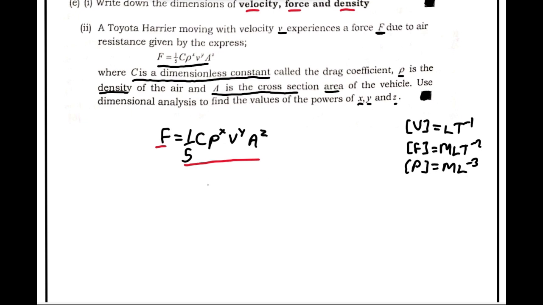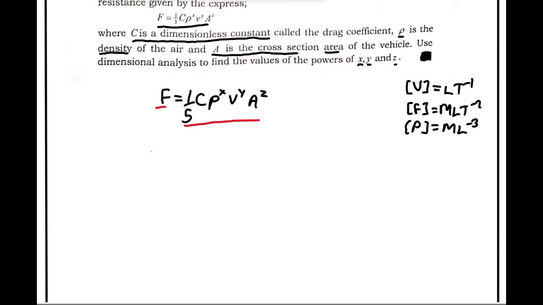So let's go ahead and put the dimensions of force on the left-hand side. Dimensions of force, which we got, are MLT^-2, is equal to, now in this case, 1 over 5 and C are constants, and constants don't affect the value of x, y, and z. So we can ignore the constants.